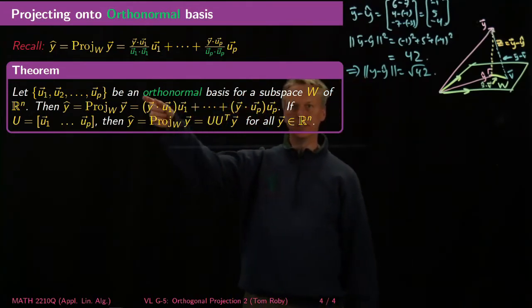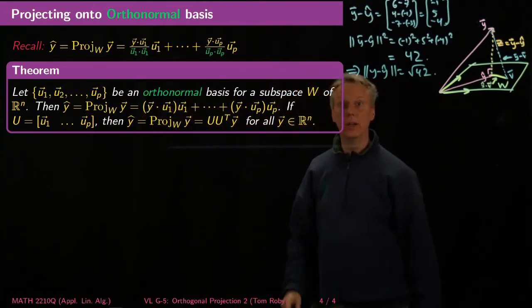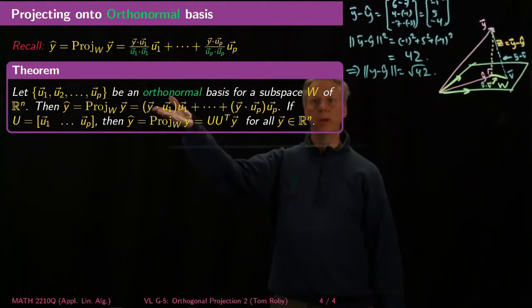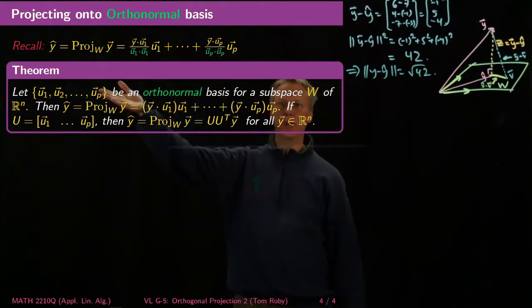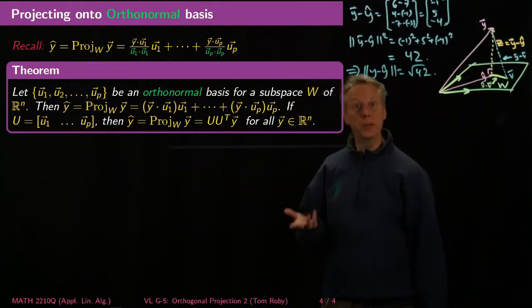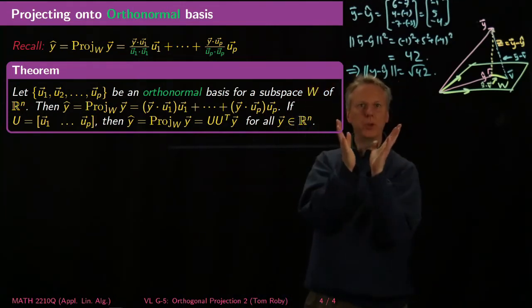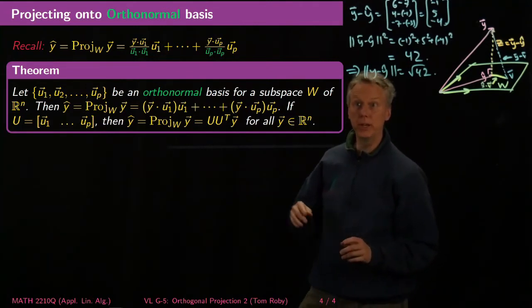Each of these is a scalar, so I'm getting a linear combination of the u_i's, and because this is an orthonormal basis for W, of course this vector is in W. But here I claim I have a simpler way to write it in terms of matrices. I can collapse all of these things into a single matrix computation.